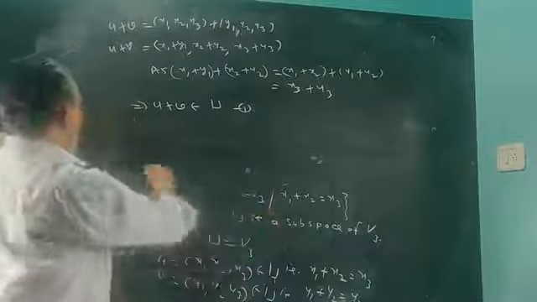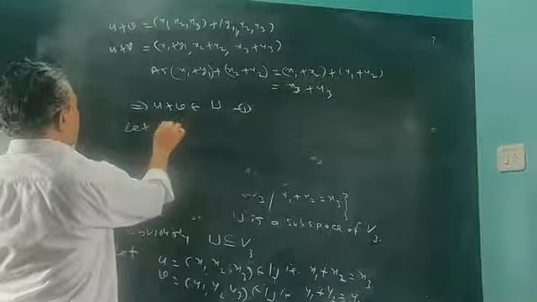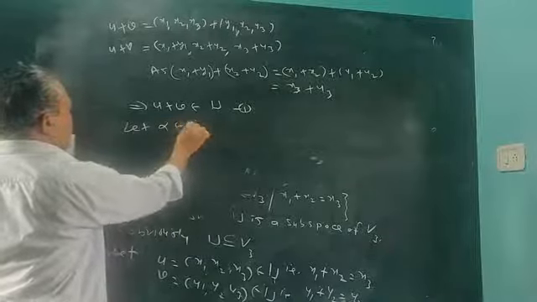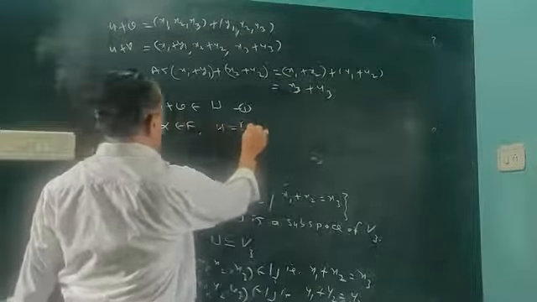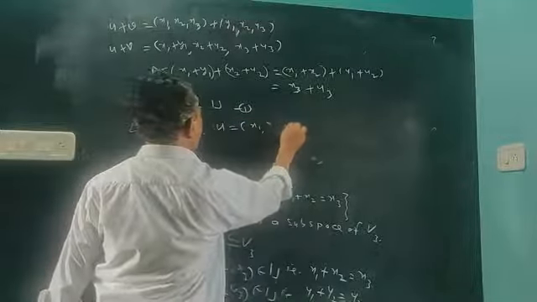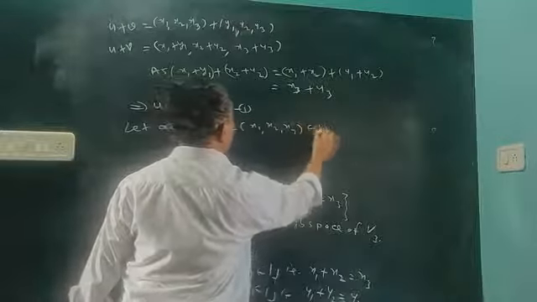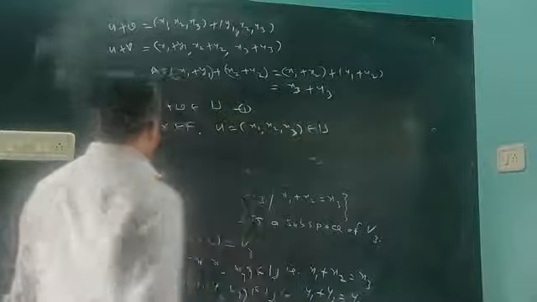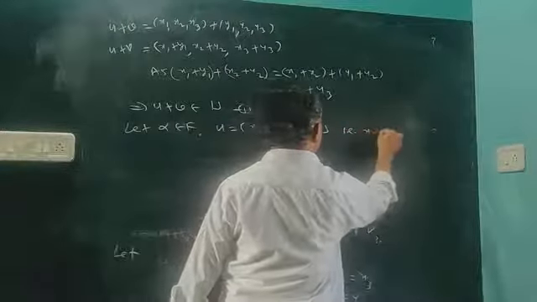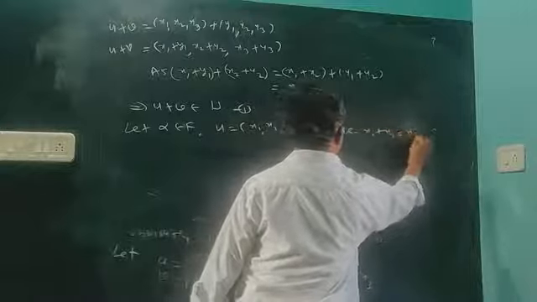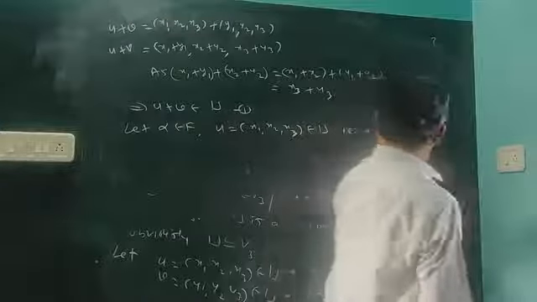Now the scalar condition. Let alpha be a scalar, and U a vector, x1, x2, x3, one vector of the U set. That means x1 plus x2 will be x3.